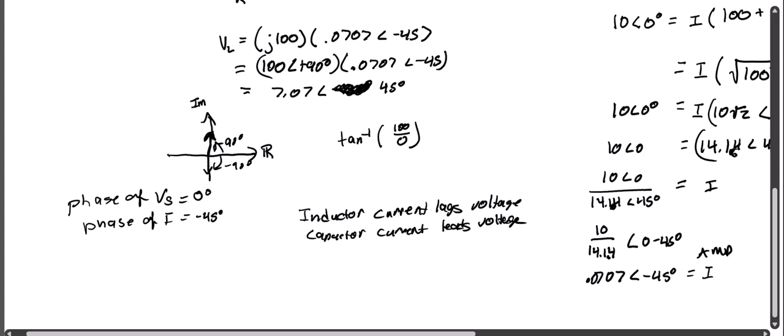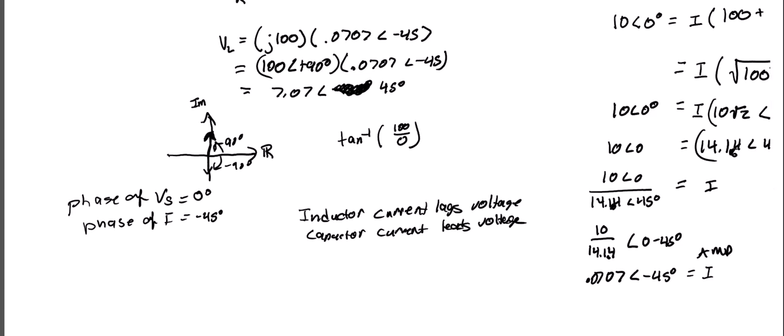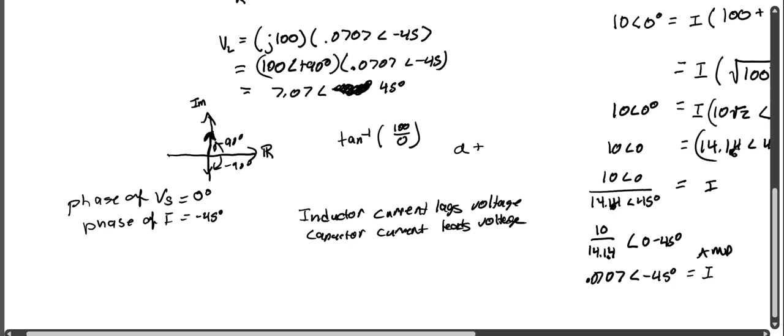You can also tell if it's in rectangular form: if you have A plus jB, with the imaginary part positive, that's an inductor, and the current lags.